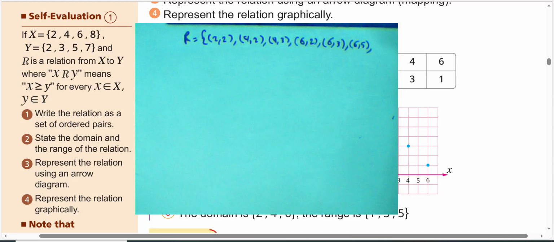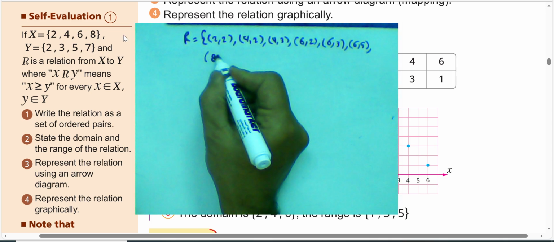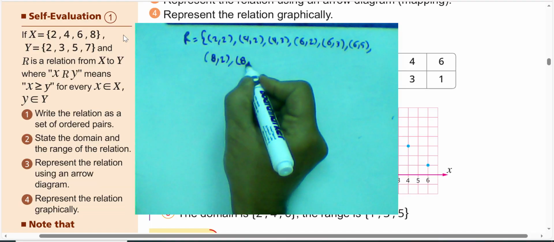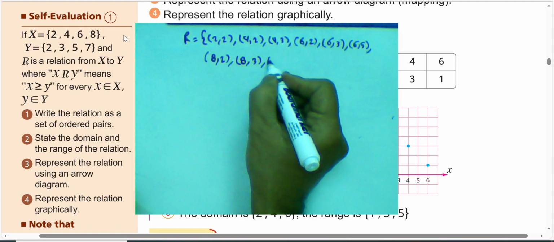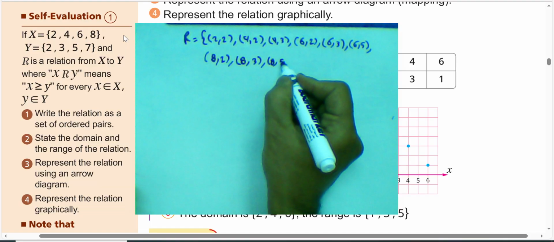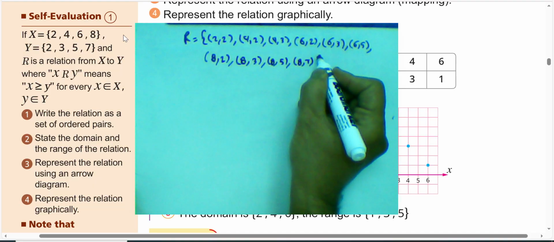Look at 8 in x: 8 is greater than all the digits here. 8 greater than 2, and greater than 3, and 8 greater than 5, and 8 greater than 7.